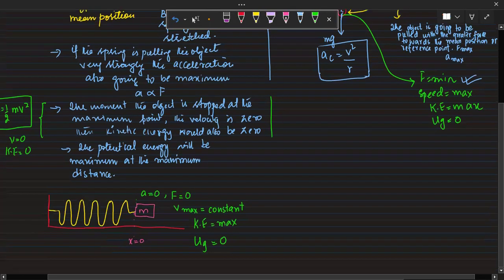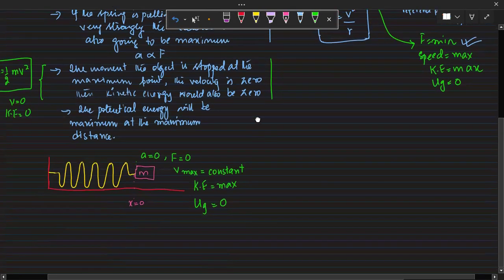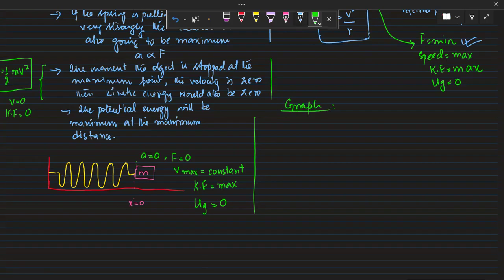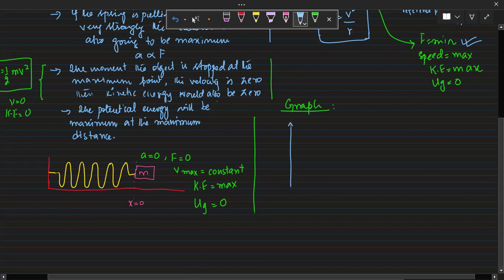Now we're going to work on another question. It is about graphs. This question says that here is the waveform, and here we have the scale.